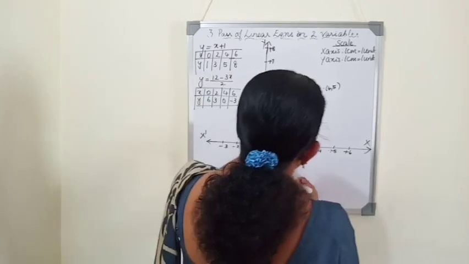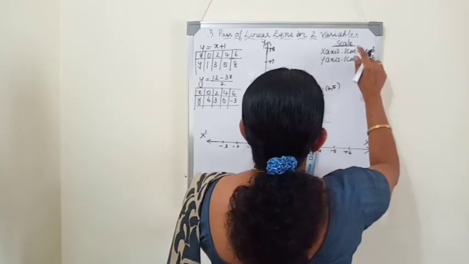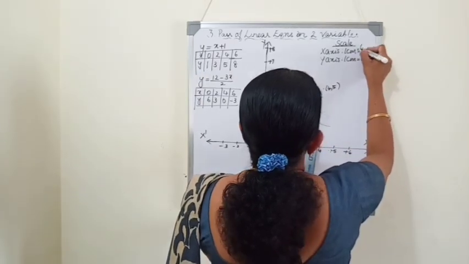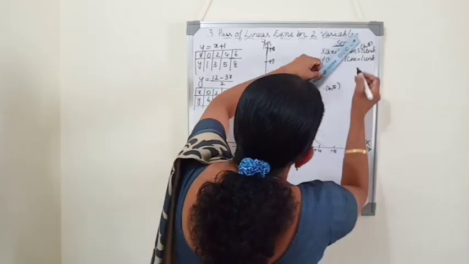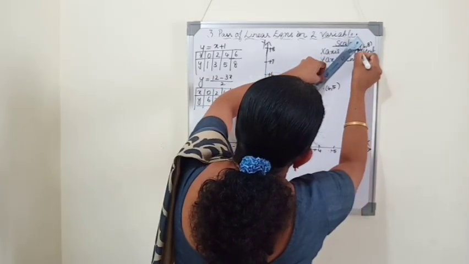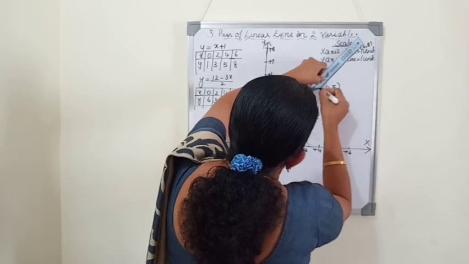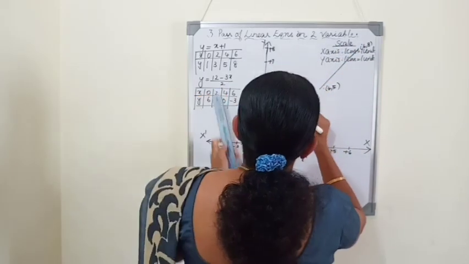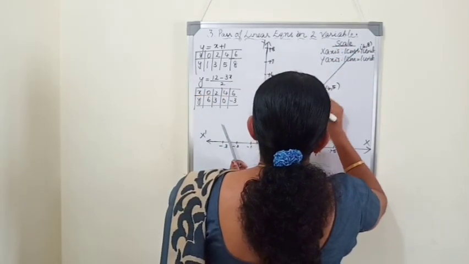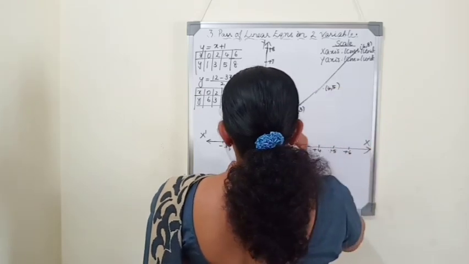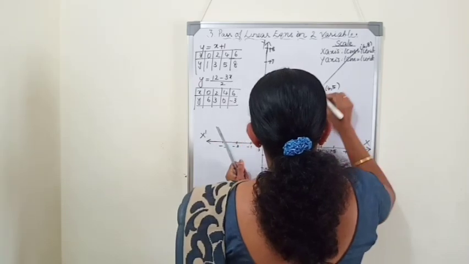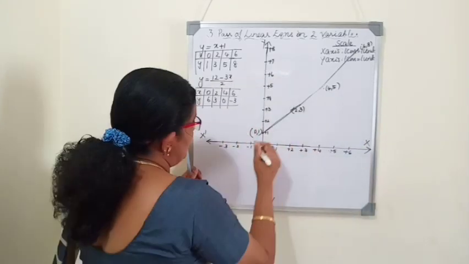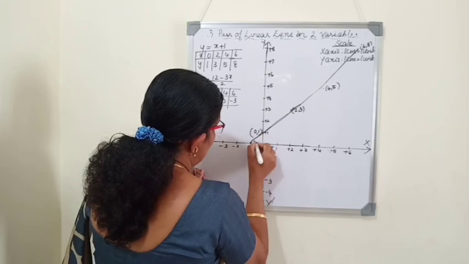Here 6, 7. So now we will join the points. With this, we extend it.